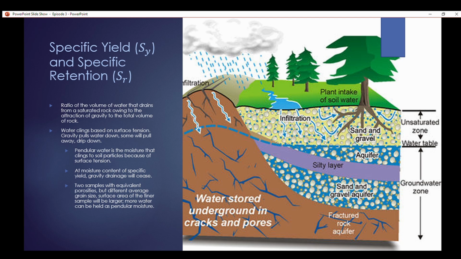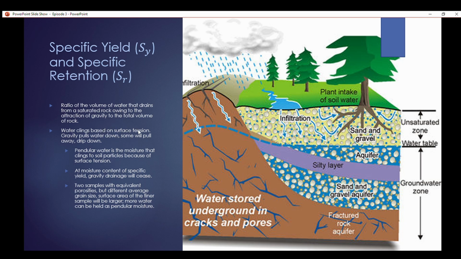And so water clings based on surface tension. So we have the capillary fringe right above the water table, which is right here. Particles will have water cling to them through surface tension in the capillary fringe. Gravity pulls the water down.